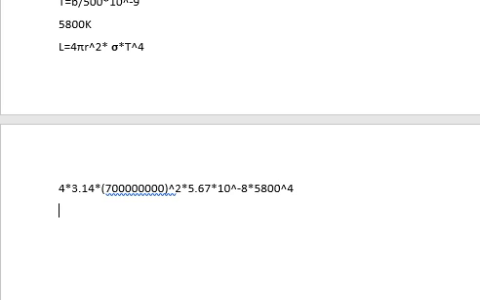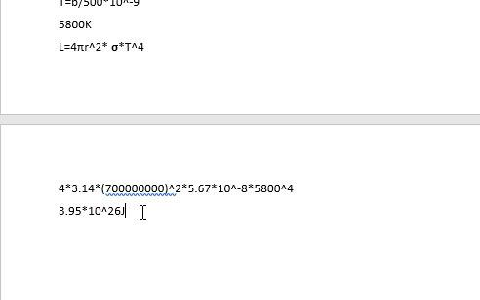So if we input this into the calculator, it's 4 pi times 700 million all squared, multiplied by Stefan's constant, multiplied by temperature to the power of 4, we get 3.95 times 10 to the 26 joules every second.